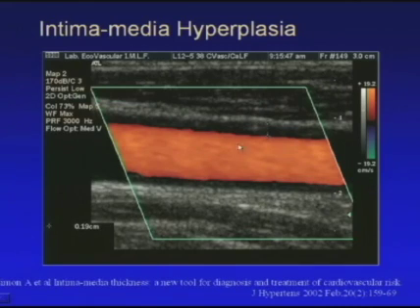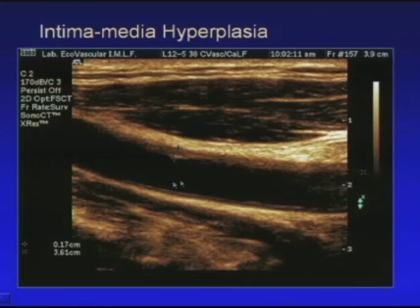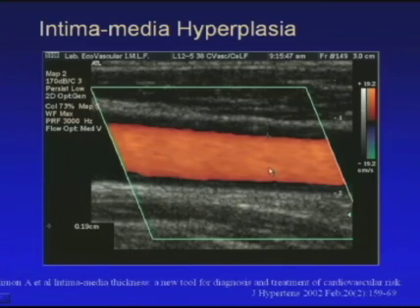By using color Doppler, we can obtain a better definition. Of course, we can see it by using only B mode, but when we combine the two techniques, Doppler and B mode, we can observe in this case a uniform hypoechogenic area of 1.9 millimeters. This is an enlarged Intima-media.